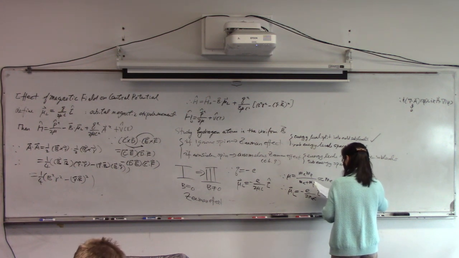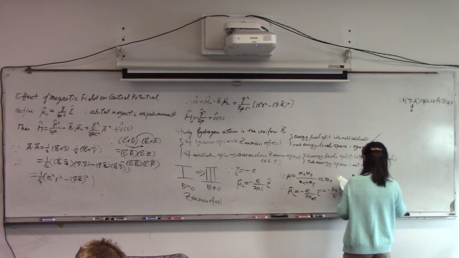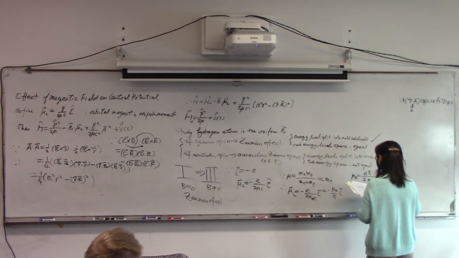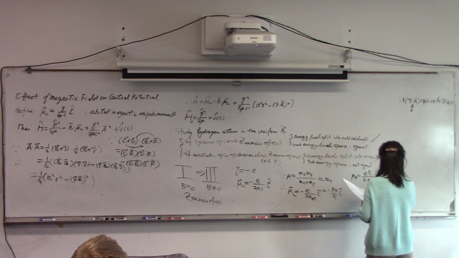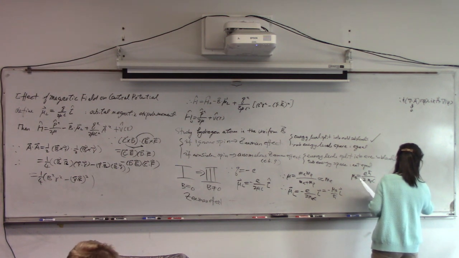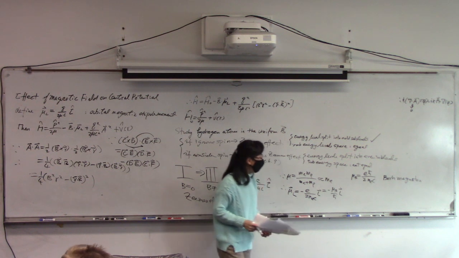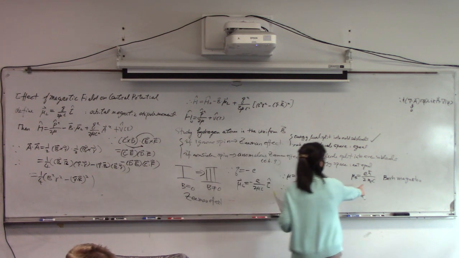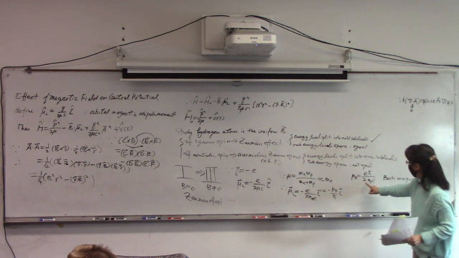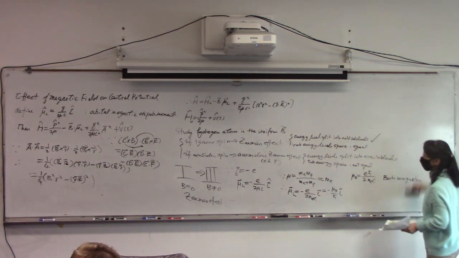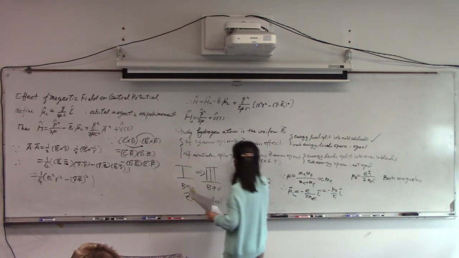Here mu_B is defined as e h bar over 2 m_e c. We call this the Bohr magneton, a constant. Sometimes you will see mu_B used instead, where we replace these numbers by this constant. So this is the first issue.